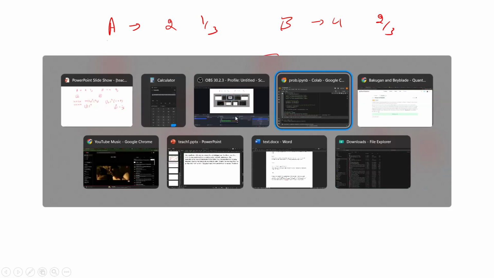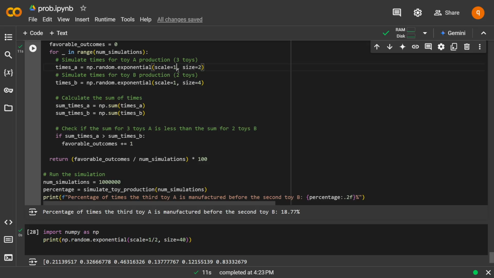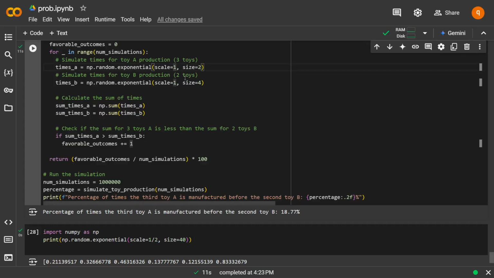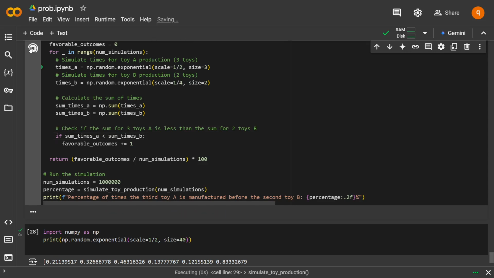So let's see what the code says. The scale for this is, how many did I do? I did 2, so 1 by 2, and the scale for this is 1 by 4. I am interested in 2 production of these and 3 production of these, and these 3 produced before. So let's see if we are getting 11.11%.